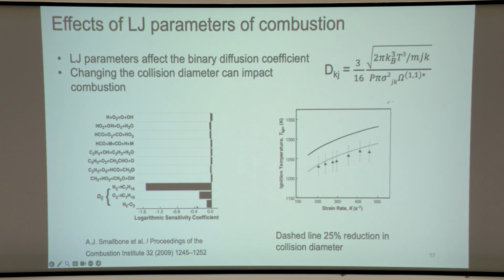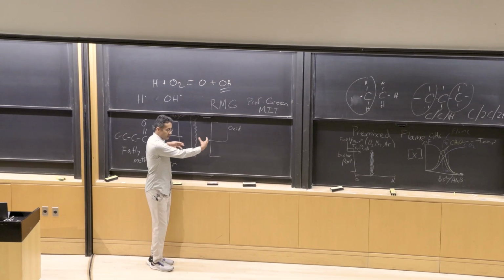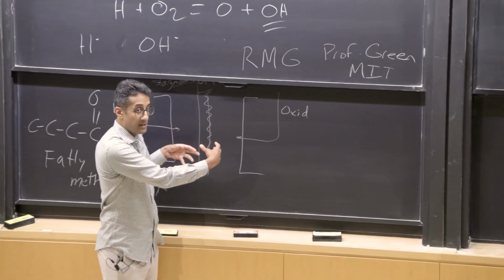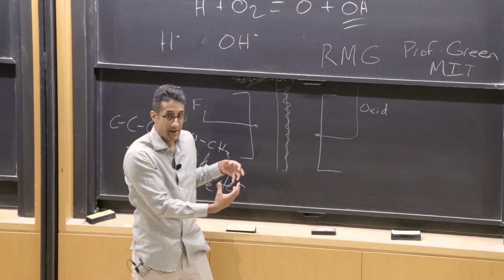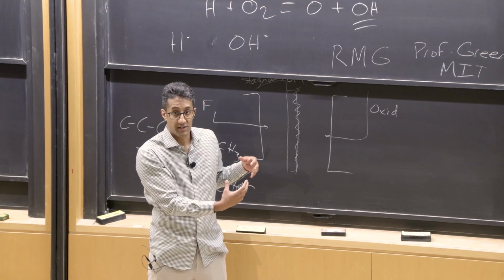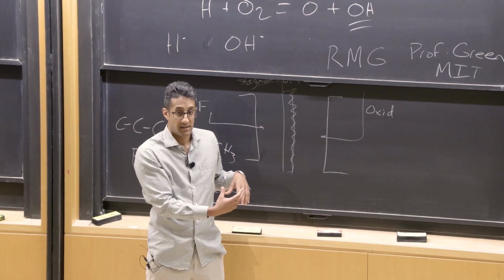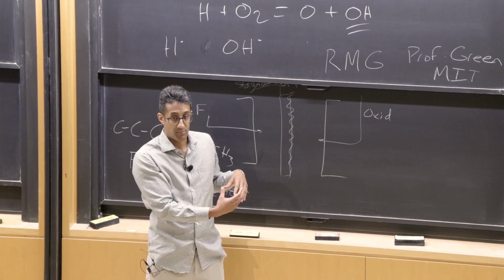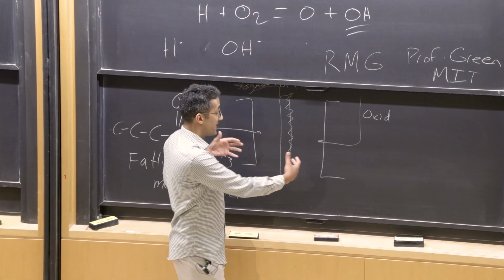This was an experiment in a counterflow diffusion flame. The fuel was n-heptane, coming from this side, the oxidizer from this side, and they're looking at something called flame extinction, which is very important in aircraft for high altitude extinction phenomena. Typically those flames are non-premixed flames at high altitude, which may extinguish.